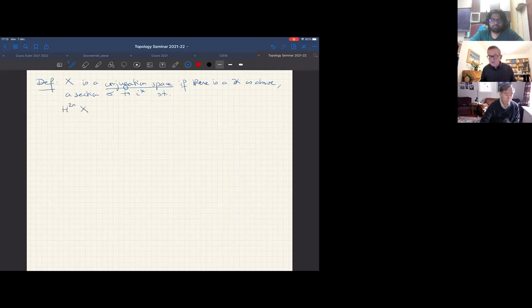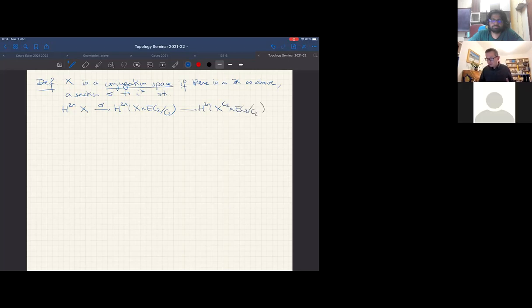We start with a class in the cohomology of X of even degree, and again I forget the coefficients, and we look at this section. So this goes to the Borel cohomology of the space X. Because I will compare it to some other Borel construction, let me write down what this is: this is X_EC2 mod C2. And then we will use the inclusion of the fixed points in X. The inclusion of the fixed points induces a map the other way around in cohomology.